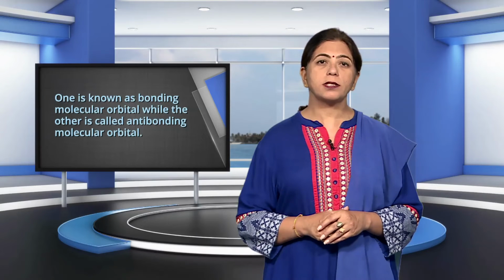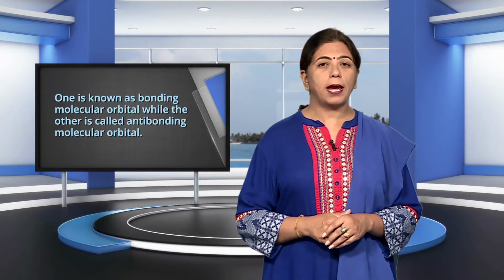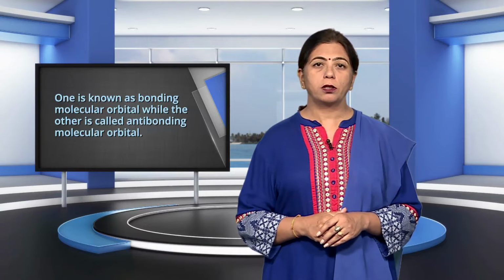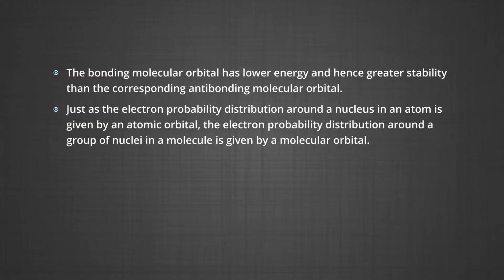One is known as bonding molecular orbital, while the other is called antibonding molecular orbital. The bonding molecular orbital has lower energy and hence greater stability than the corresponding antibonding molecular orbital. Just as the electron probability distribution around a nucleus in an atom is given by an atomic orbital, the electron probability distribution around a group of nuclei in a molecule is given by a molecular orbital.